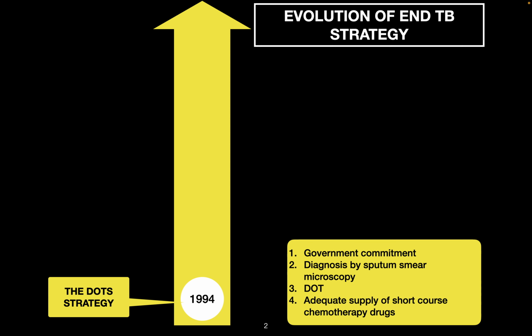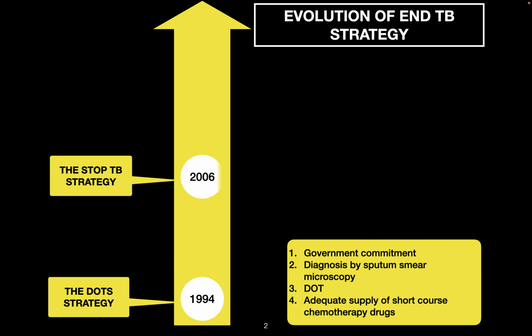There should be diagnosis by sputum smear microscopy. We should also follow DOT, which is directly observed treatment, and the last one is we should have an adequate supply of anti-TB drugs. This DOTS strategy basically started from 1994 and almost all the countries adopted it.